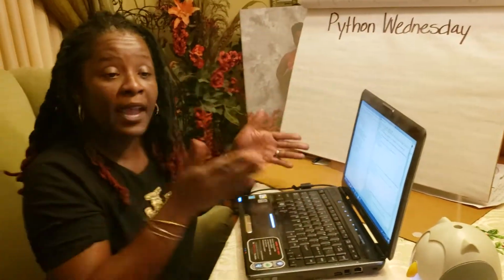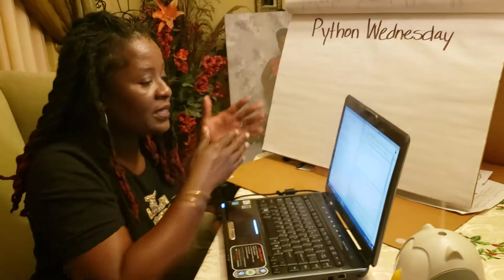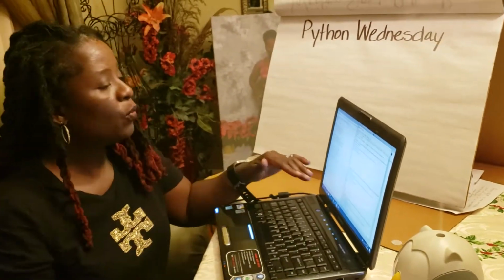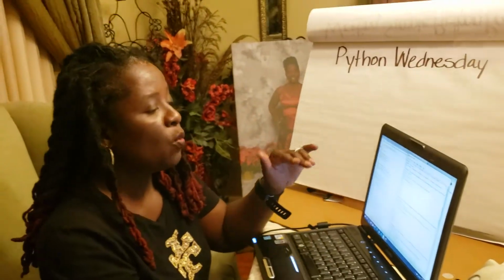So we're going to get right back to where we were with Python Wednesday from last week. What I had introduced you to was the byte array. And in that byte array, we had used a string, potatoes.